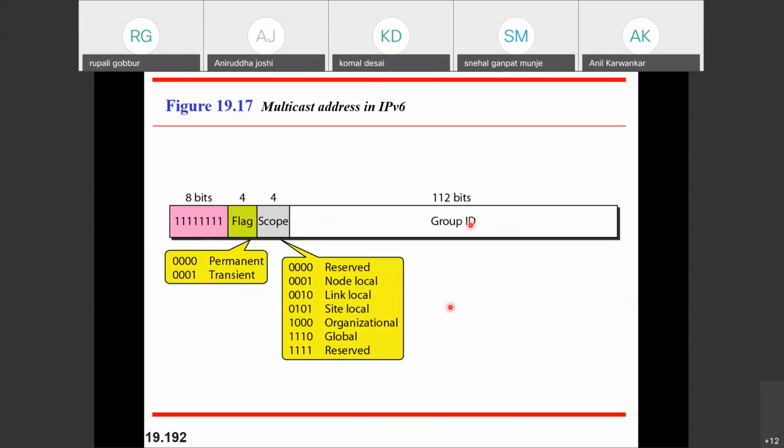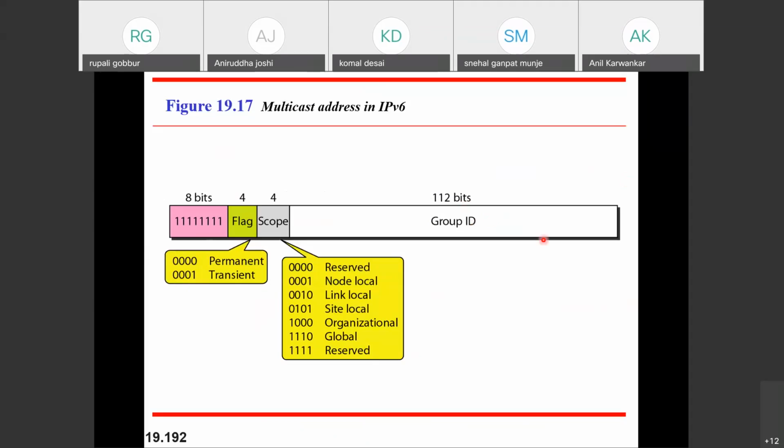Then the scope is divided into reserved, node local, link local, site local, organizational, global. 1111 for the scope is still reserved, not utilized in the IP addresses. And the remaining 112 bits will define the group ID.